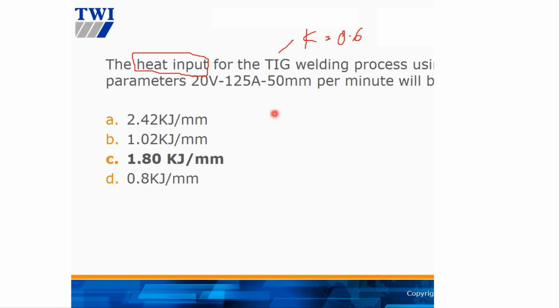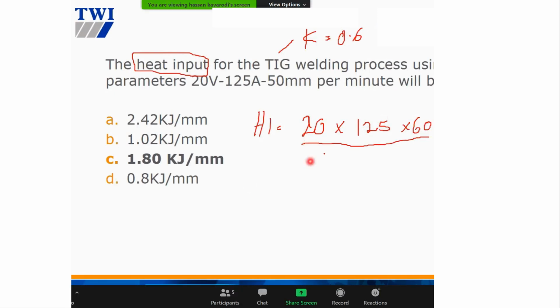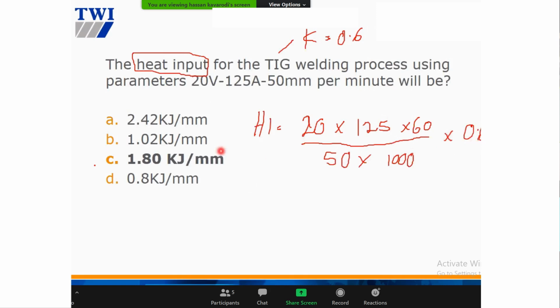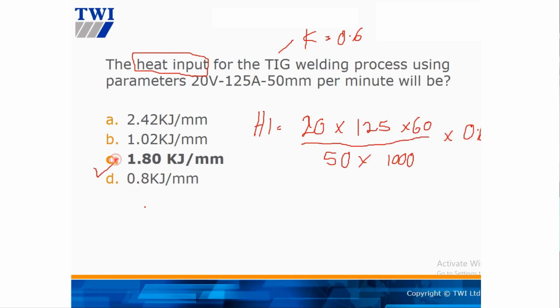So here, heat input equals 20 times 125 times 60 divided by 50 times 1000, and then we times with 0.6. Yeah, so the answer should be C. Yeah, okay.